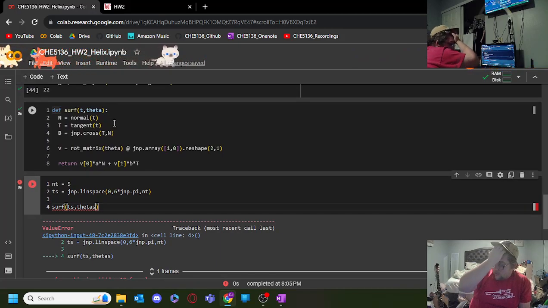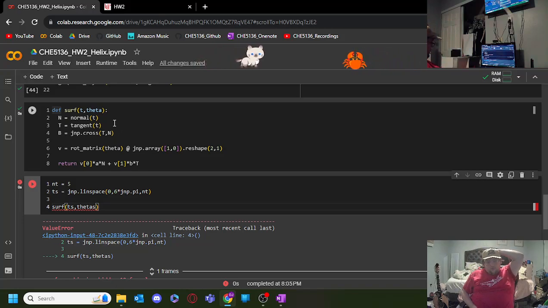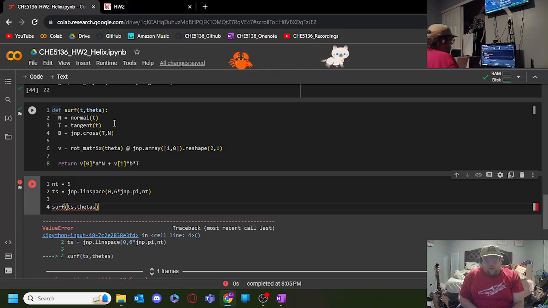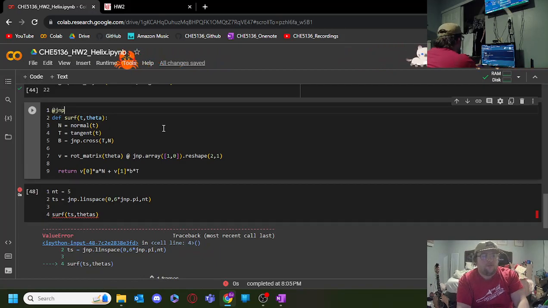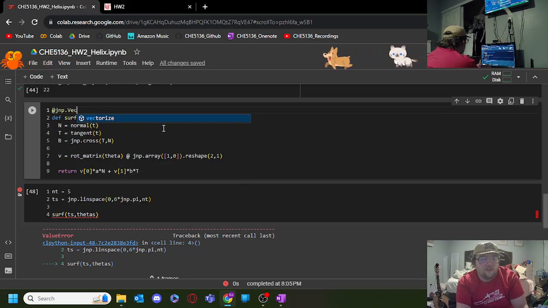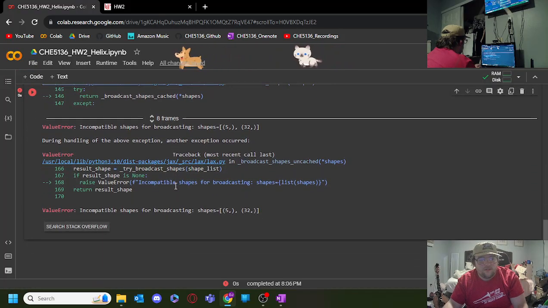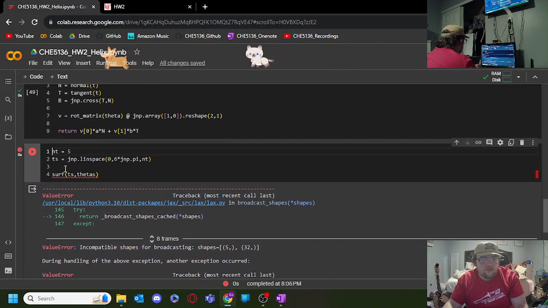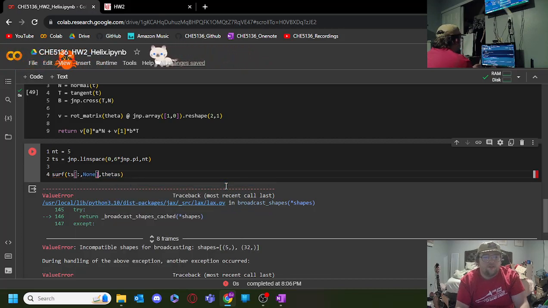Okay, so what's happening here is it's trying to pass all the t's in at once, but that's not what we wanted it to do. So if we go back up here, this is where JMP vectorize comes back in. So if we try doing that, see what that does. Let's try add this, see if that works.